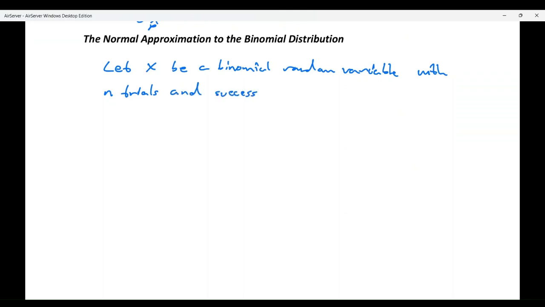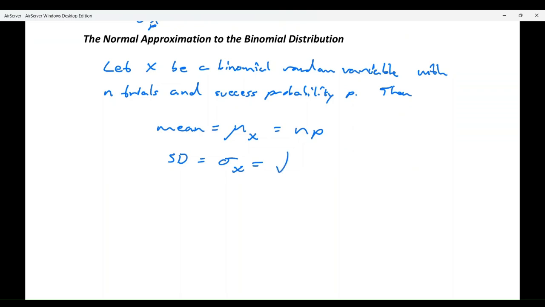Then, talking about mean and standard deviation, the mean of x, the average of the outcomes, we can find by taking the number of trials times p. And the standard deviation, which we'll abbreviate sigma x, is the square root of n times p times 1 minus p.